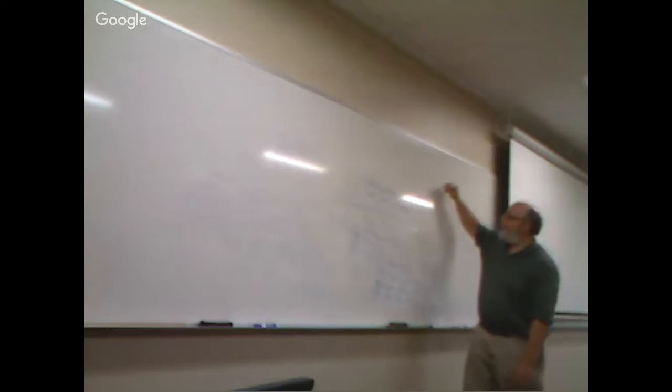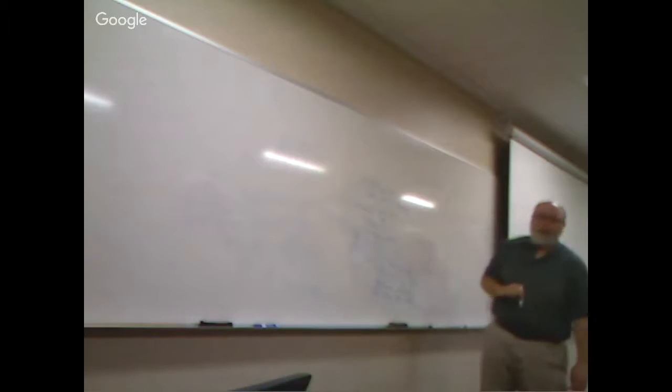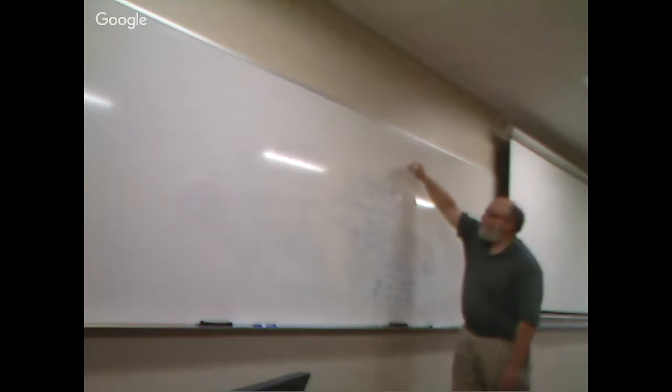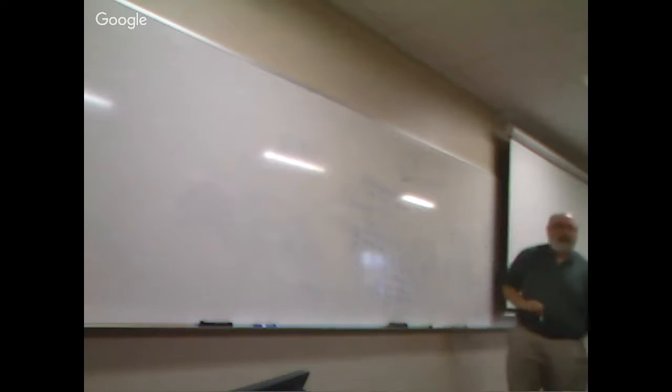In order to get the probability, I need to know the z-score. For me to find the z-score, I have to use my data transformation: z is equal to x minus mu divided by sigma. The data value minus the mean divided by the standard deviation.